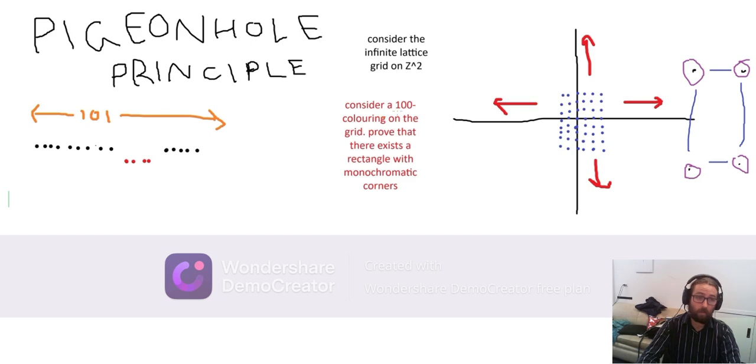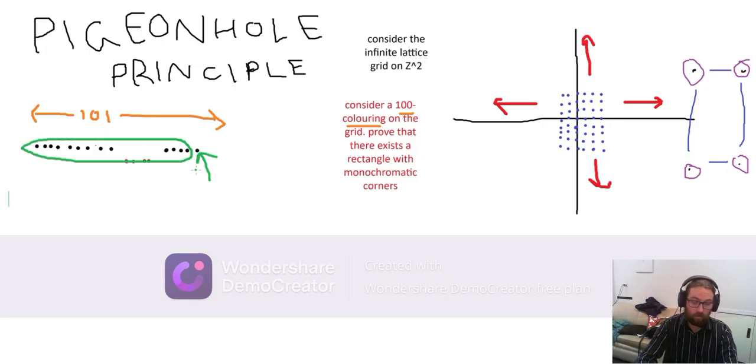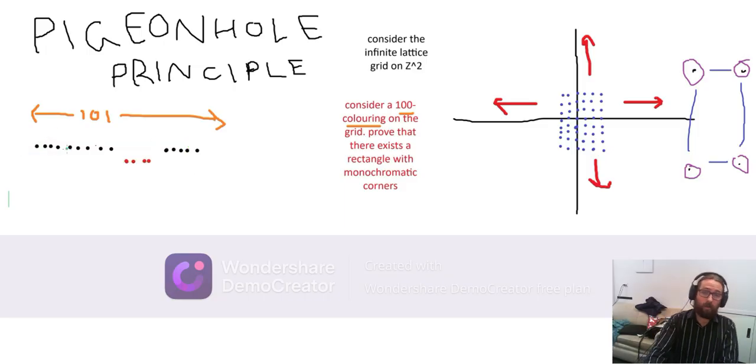If this is a 100 coloring, that means that at least 2 points are going to have the same color by the exact same logic. So here, my 100 colors are like my pigeonholes, and the points themselves are like the pigeons. I could give my first 100 points all a different color, but then this final point is going to have to double up the color. So if I have a line of 101 nodes, there's going to be at least 2 with the same color. So let's keep that in mind.